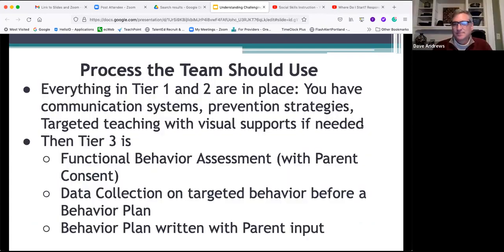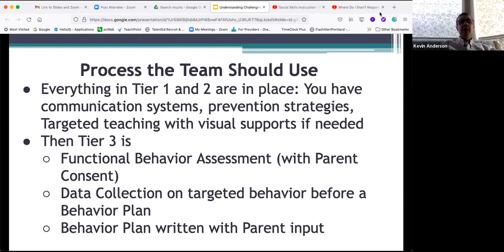What Dave and I have really spent a lot of our time talking about are these tier 1 and tier 2 strategies. Ultimately, you as your child's best advocate know your child best. As they're getting ready to go into kindergarten, you're the one who can help those school teams learn the keys of your child's behavior that can prevent the challenging behavior.